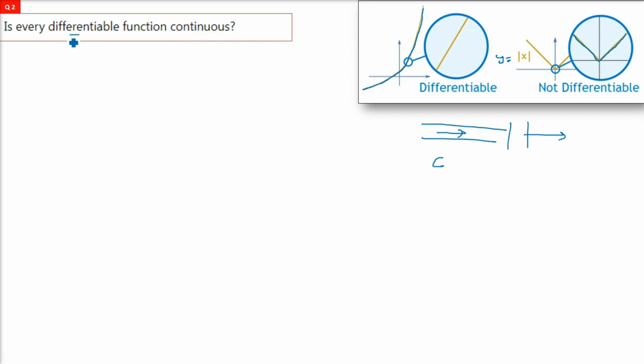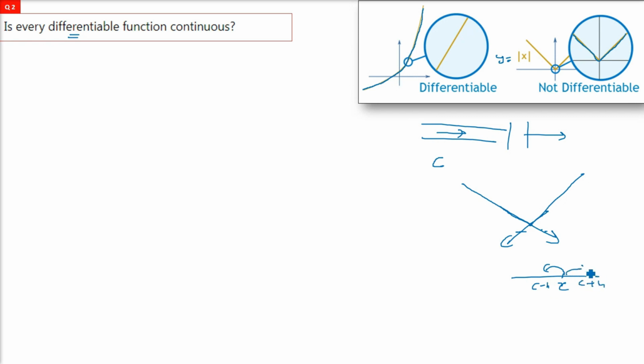When you talk about differentiability, it is not what we learn in continuity. Differentiability is all about the slope at that particular point. If you go a little bit left and a little bit right and get two different tangents at that point, we say that this is not differentiable.